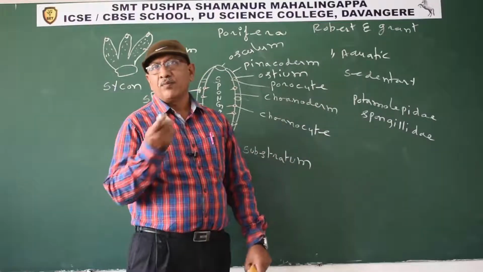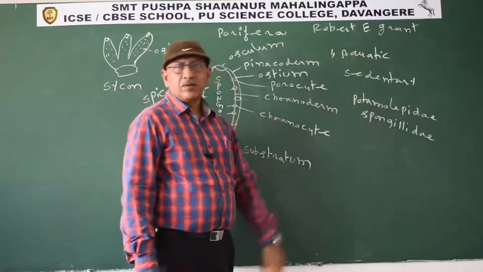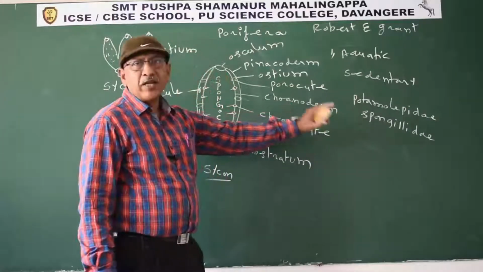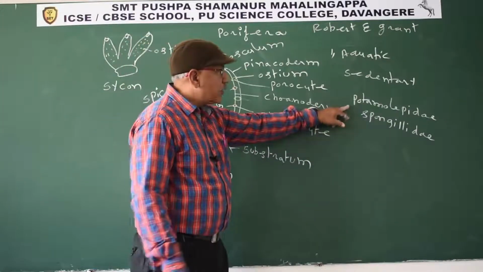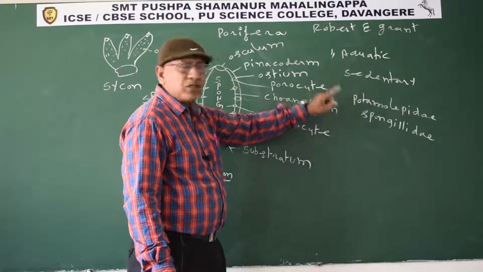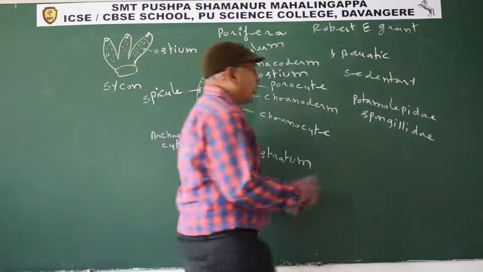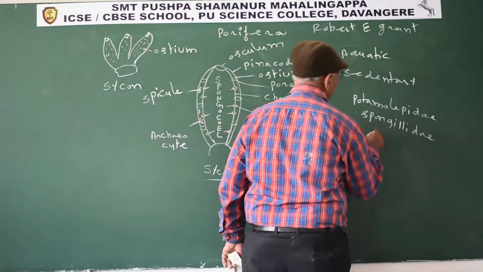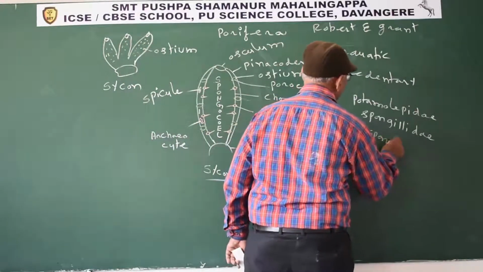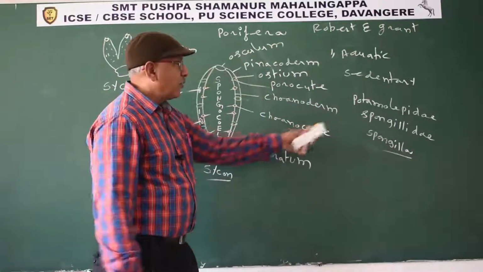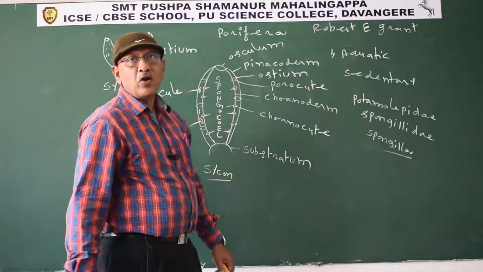Most of them are marine, except members of family Potamolepidae and Spongillidae, which live in freshwater. Example, Spongilla. It is commonly known as freshwater sponge.